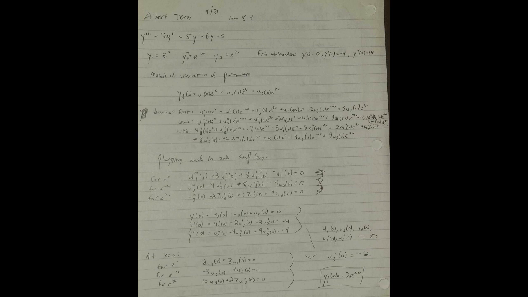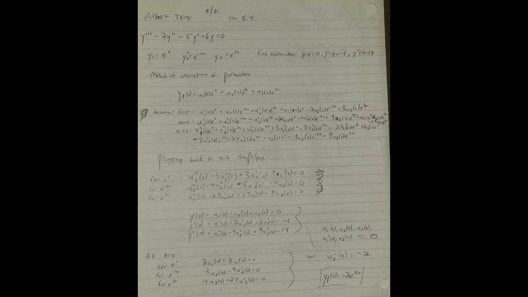It has linearly independent solutions where y1 equals e to the x, y2 equals e to the minus 2x, and y3 equals e to the 3x. And the question asks for the particular solution with these three different points.